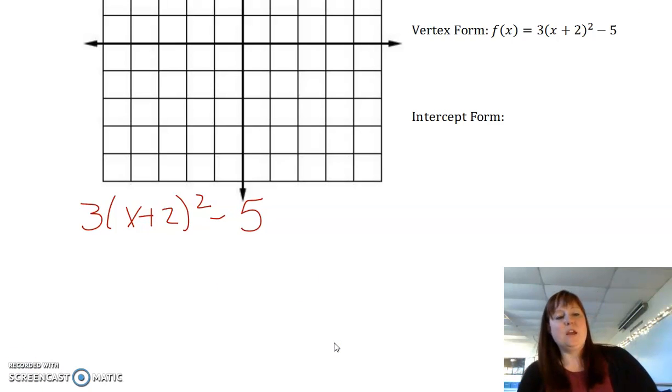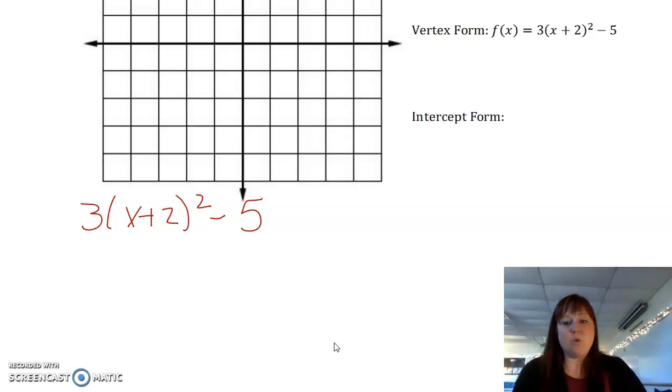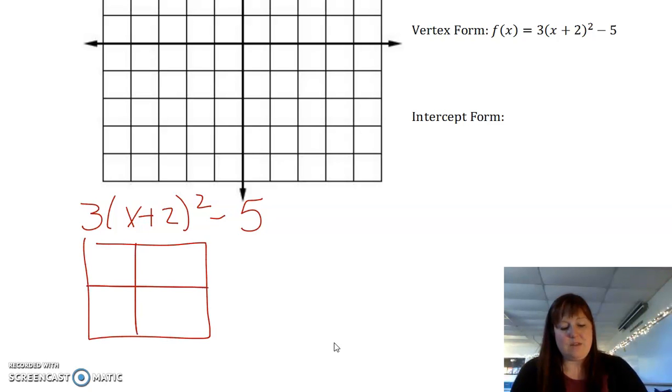Okay, so here we have this. We need to expand it, right? We need to get rid of those parentheses, do all of the multiplication that's in there. So we're going to multiply the x plus 2's together so that we can expand that. So we have x squared plus 2x plus 2x plus 4.